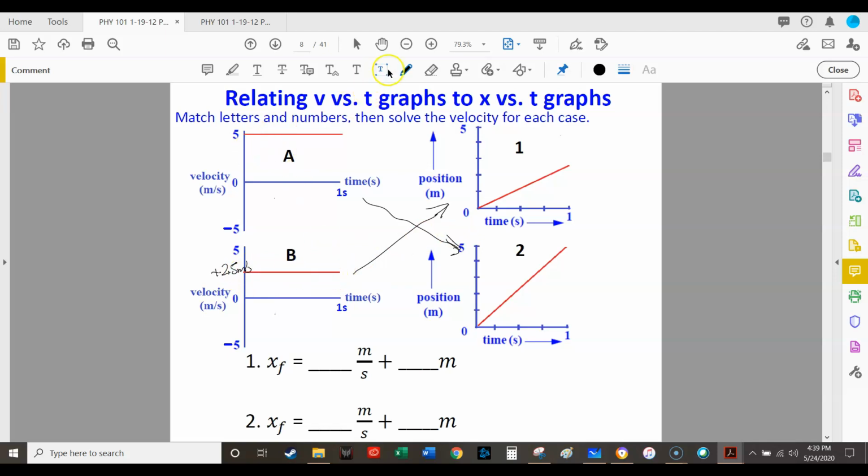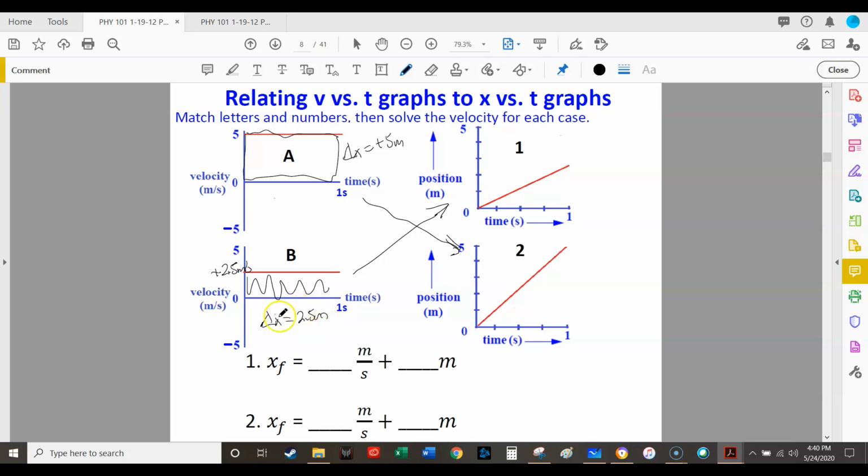Okay? And the cool part, we could figure out the displacement really quickly, right? 5 meters per second over 1 second, so that's the area of a rectangle. So its displacement is going to be positive 5 meters. This one's area is going to be a displacement of 2.5 meters, right?